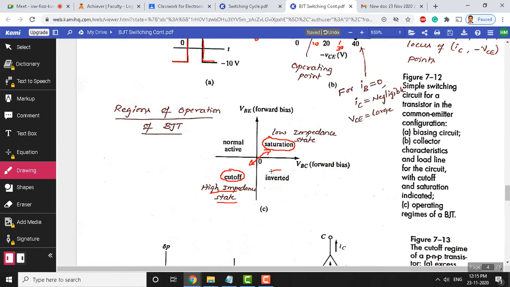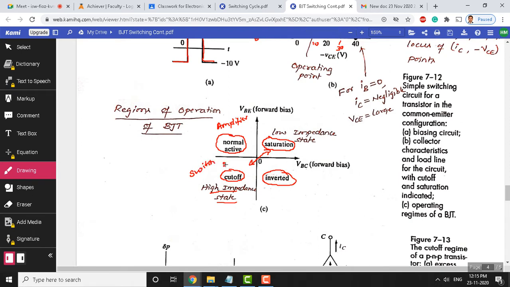And we do not operate the device in the inverted mode, it is not used in any application, but the normal active mode is the most widely used mode when we use a BJT as an amplifier. Whereas the cutoff and saturation modes are used when we want to use the BJT as a switch.